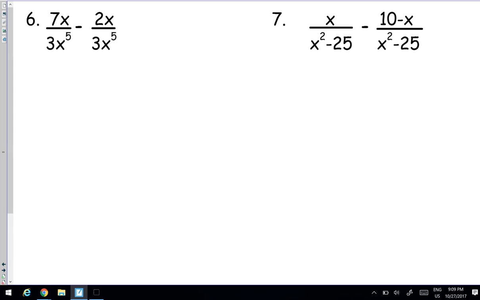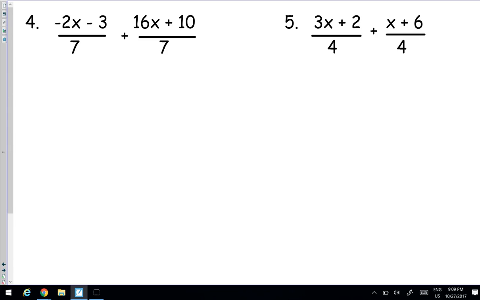So let's do number 4. Notice that we have two algebraic fractions and they both have the same denominator. Therefore, we can keep the denominator and combine like terms in the numerator. So negative 2x plus 16x is 14x, and negative 3 plus 10 is positive 7.